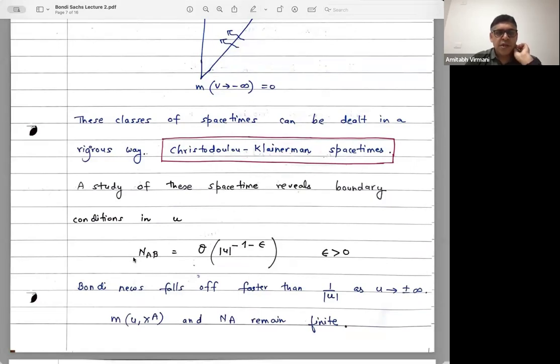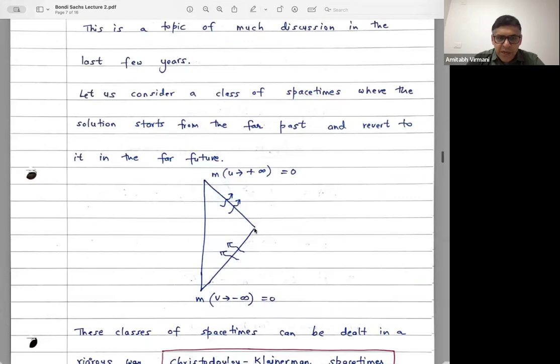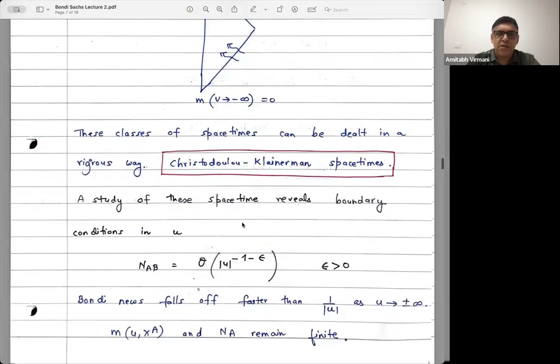What they have shown is that the News tensor falls off like 1 over U, or any power higher than 1 over U, as U goes to plus or minus infinity. That is to say, as you approach this spatial infinity point, that is the case when U is minus infinity, and as you approach here, U going to plus infinity. In fact, it is true for the past also.